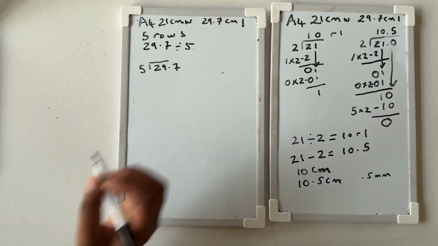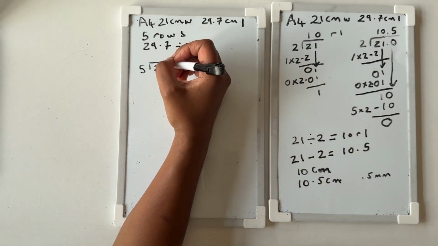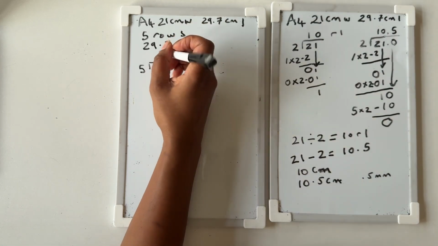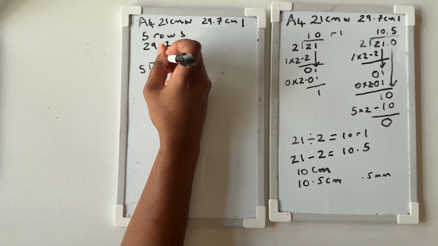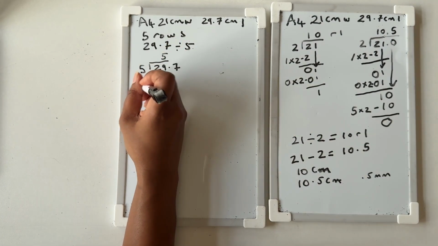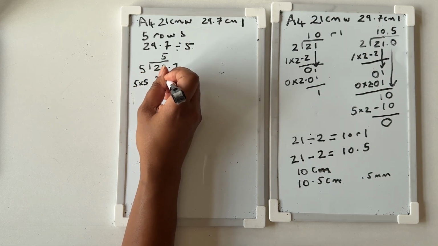Does 5 fit into 2? No, it doesn't. But it fits into 29 5 times, and we write the 5 above the 9. 5 times 5 is 25.